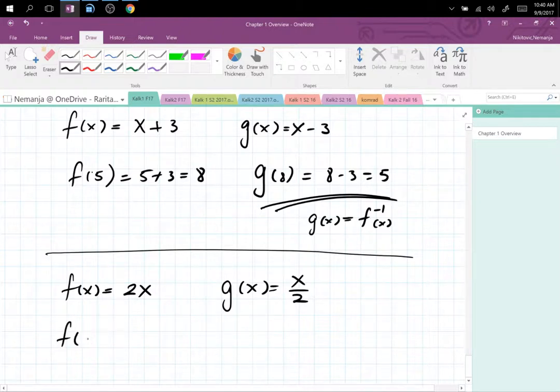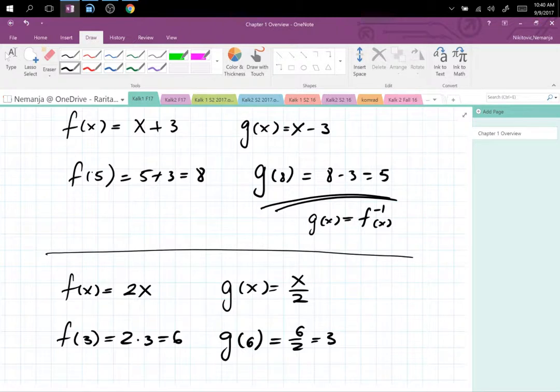So f of 3 is 2 times 3, which is 6. And then if you feed 6 here, 6 over 2 is 3. So again, that's what happens.